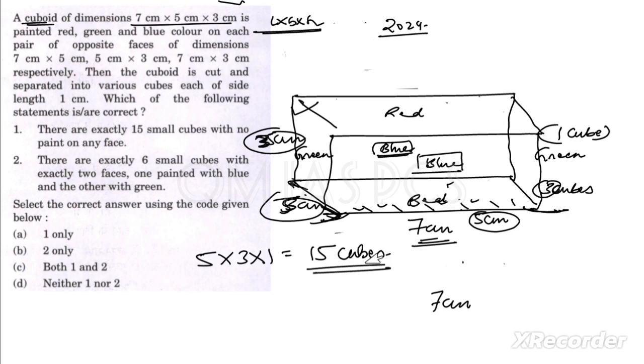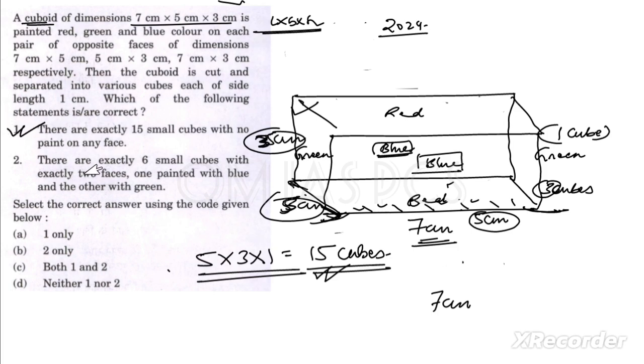If you understand till now, it will be easier by calculation to find the unpainted ones. So exactly 15 cubes have no painting on any face. That means statement 1 is correct.